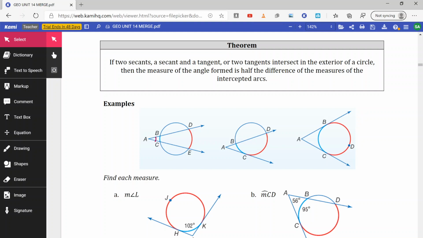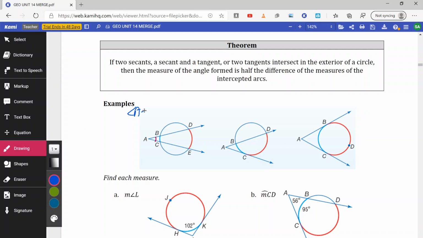So for our first one, angle A is going to be half of arc DE minus BC. For our second one, again, it's going to be the intercepted arcs, so angle A is going to be half of arc BC minus BC.